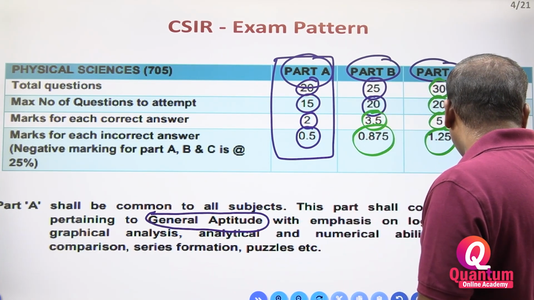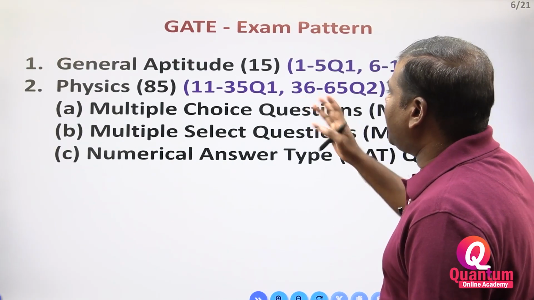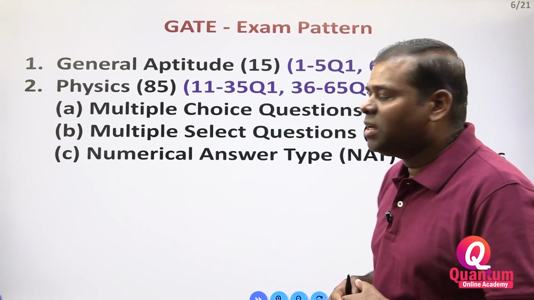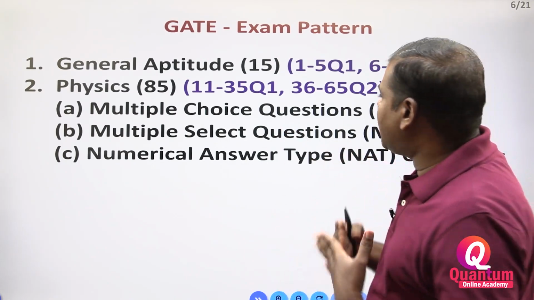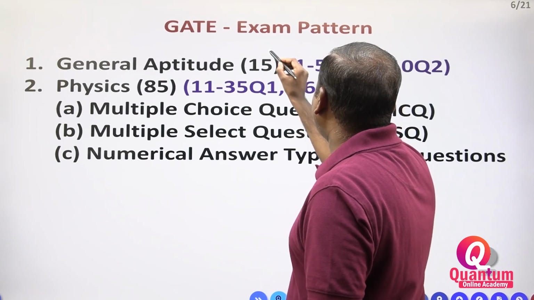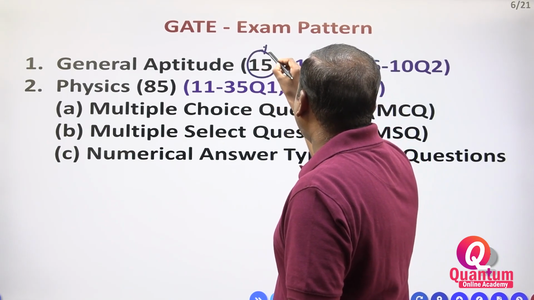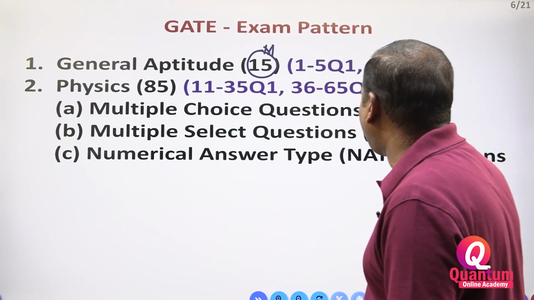Now you have to see the GATE exam pattern. What is the exam pattern? General aptitude carries a total of 15 marks.